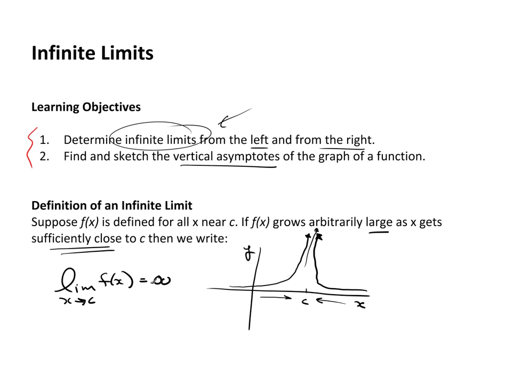So the limit is infinity. And when we say that the limit is infinity, that's really also saying that it does not exist. Because remember, for a limit to exist, it must go to a real number. And infinity is not a real number.